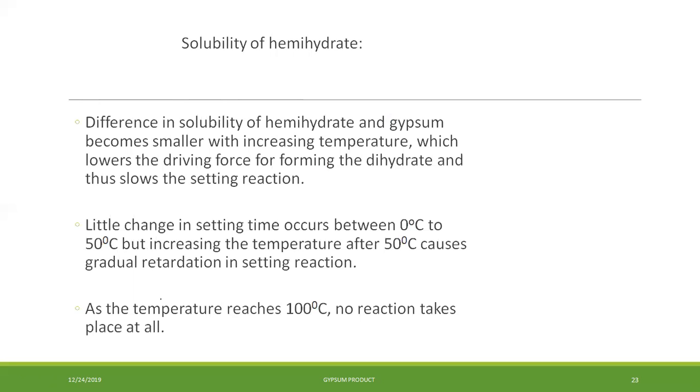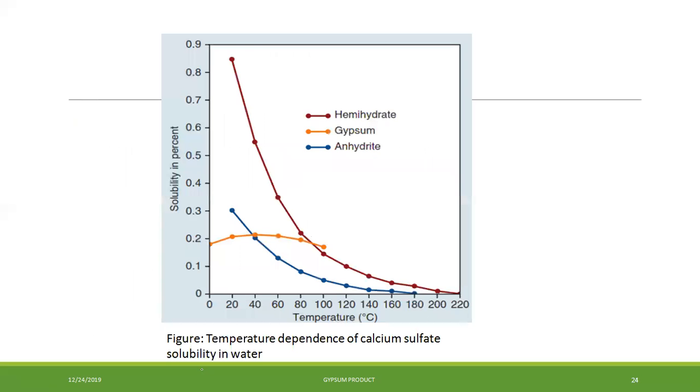Little change in setting time occurs between 0 to 50 degrees, but an increase in temperature after 50 degrees causes gradual retardation in setting. You have to remember this, right? At 100 degrees, no reaction takes place at all. Right, this is the graph. Maximum setting is between 0 to 50 degrees Celsius.